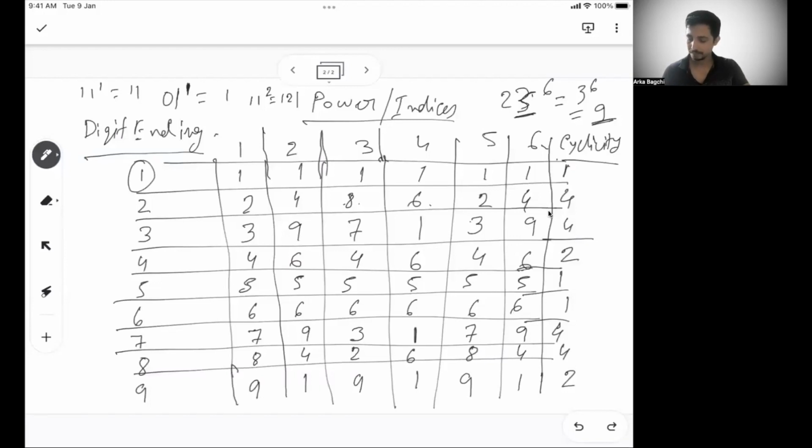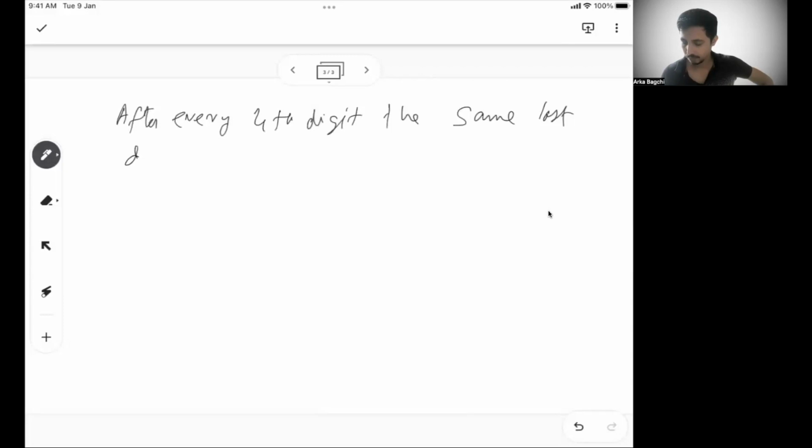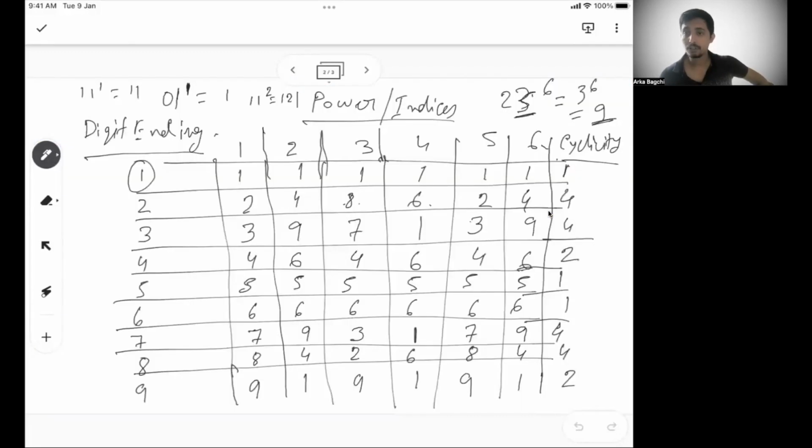So can we say that after every fourth power, the same last digit will reappear for sure. When I say for sure, it means irrespective of whatever your ending digit is, your last digit will be the same after every fourth power.